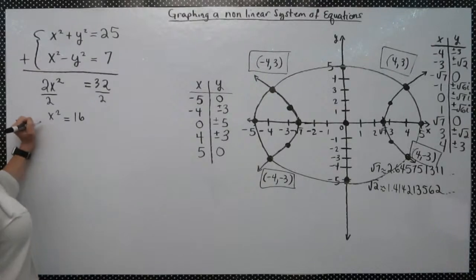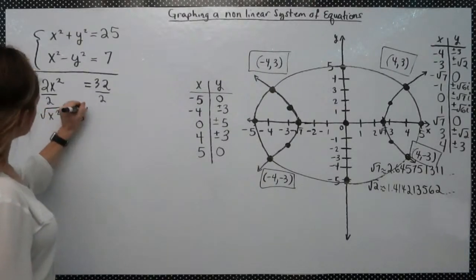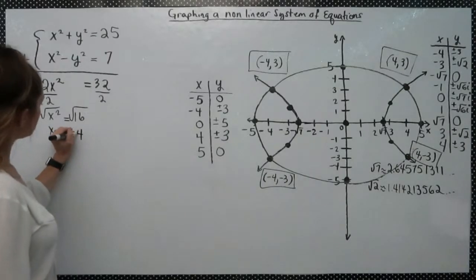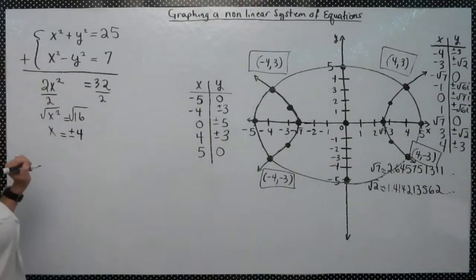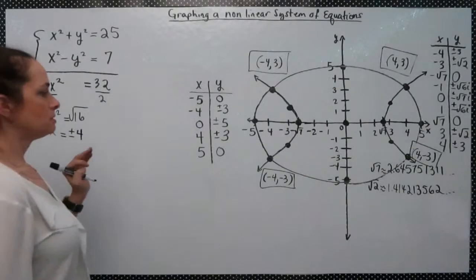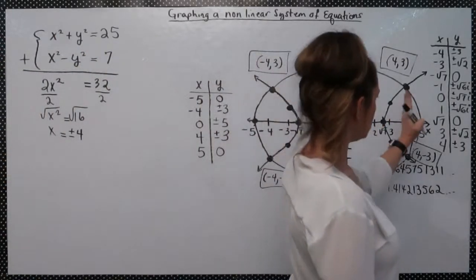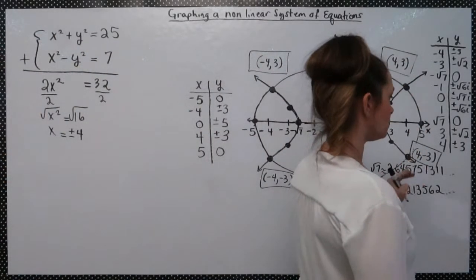You take the square root to solve for x, and you're going to get x equals plus or minus 4. So it's telling you where the party's at, -4 and +4, which is true.